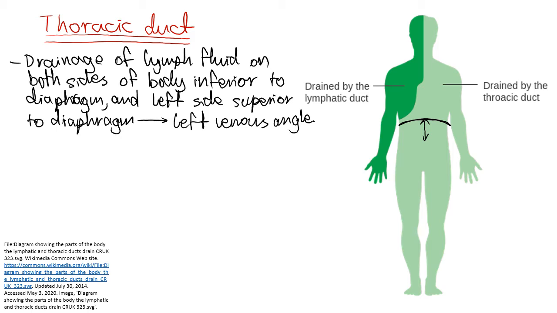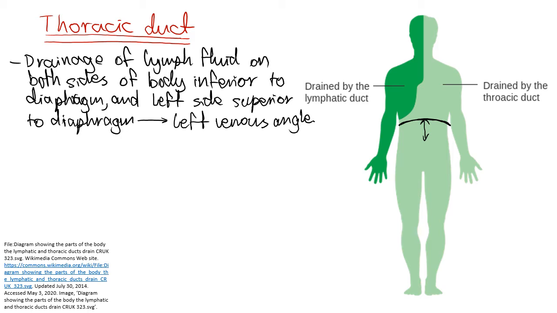The left venous angle is the junction of the left internal jugular vein and the left subclavian vein. So to reiterate that, the left venous angle is the junction of the left internal jugular vein and left subclavian vein.